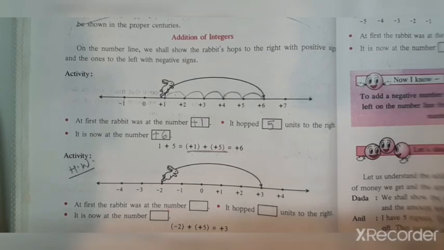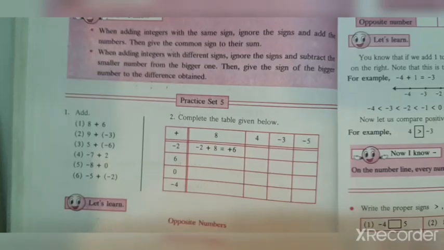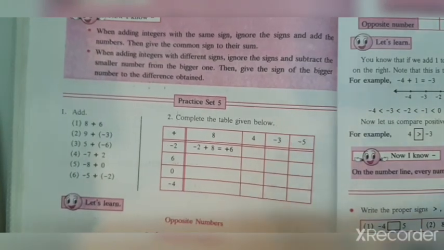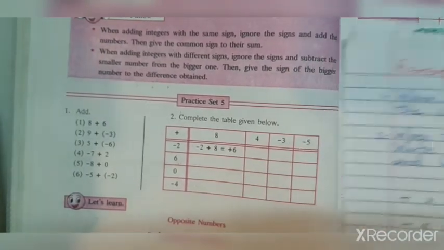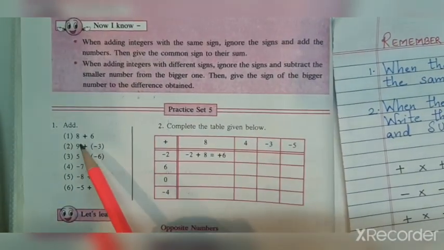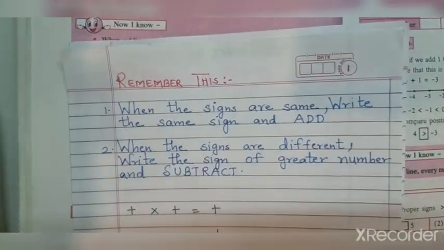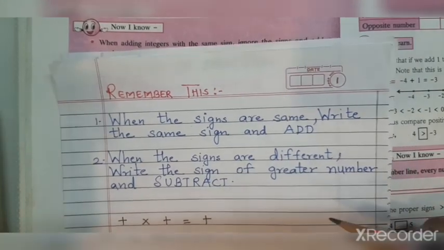Now, before we start with practice set 5, which is a practice set where we have to add the integers, from the activity we have done, we will make some conclusions.